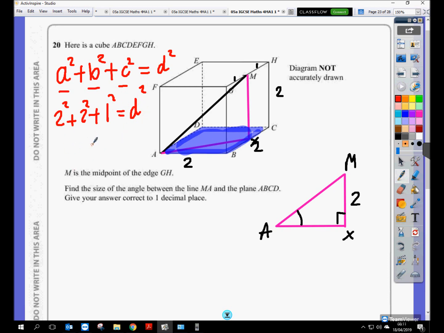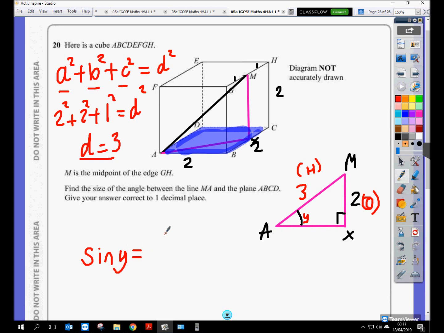And if you work this out, d squared is 9, so that means d is 3. So this side is 3. Now I have the hypotenuse here, and I have the opposite. So I'm going to use sine. So I have sine of the angle. Let's call this y.